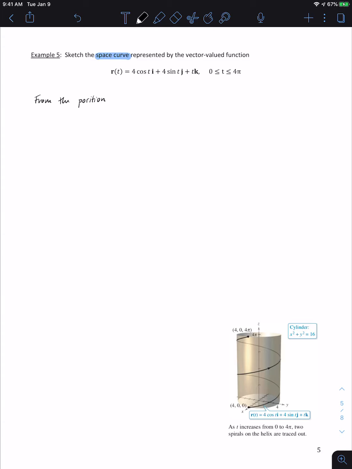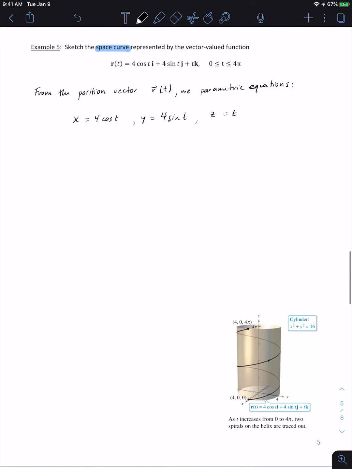From the position vector r of t, we get the parametric equations: x equals 4 cosine of t, y equals 4 sine of t, and z equals t. The first, second, and third equations represent parametric equations, or we can write them as parametric equations.